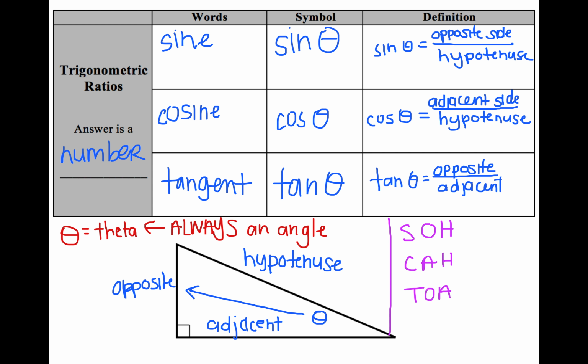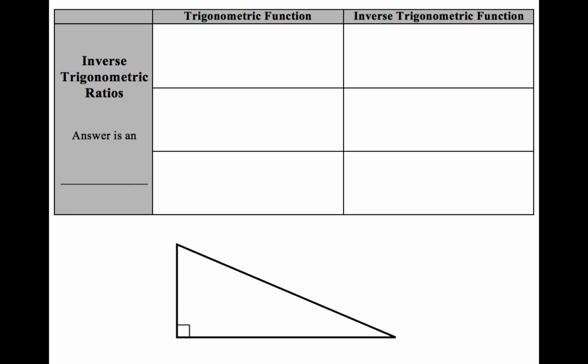Okay, the next thing that I want to talk about are the inverse trigonometric ratios or functions. So with these inverses, your answer is always going to be an angle. It'll be an angle no matter what you put into these inverse trig functions. So let's say that I have the trigonometric function y is equal to sine of theta.